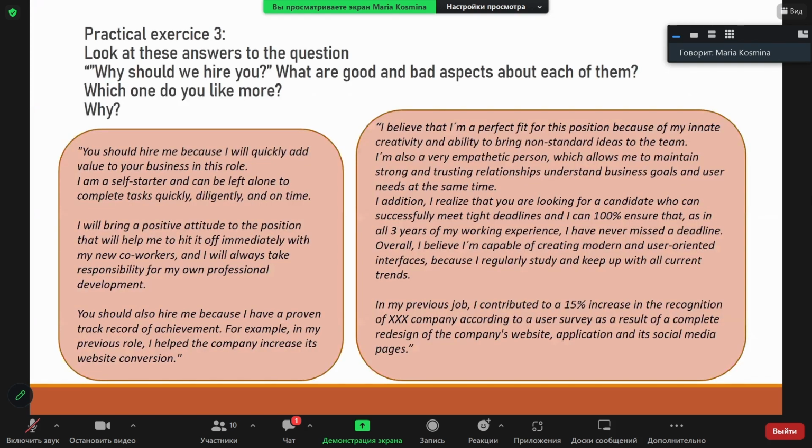So here I brought you 3 potential answers to this question. By the way, guys, can you see the text well? I'm going to give you a couple of minutes to look through these answers, and then in pairs critically assess them against the criteria that I've mentioned on the previous slides.